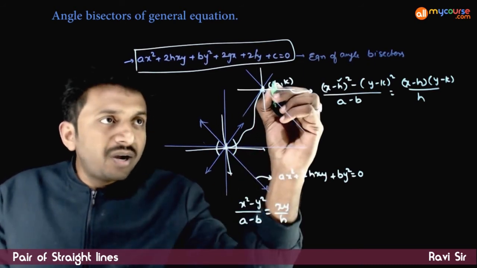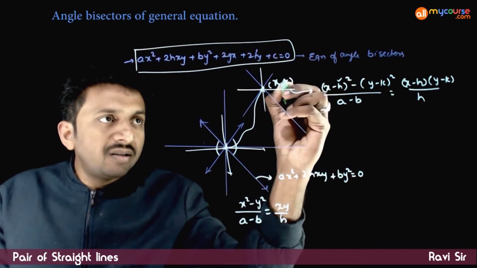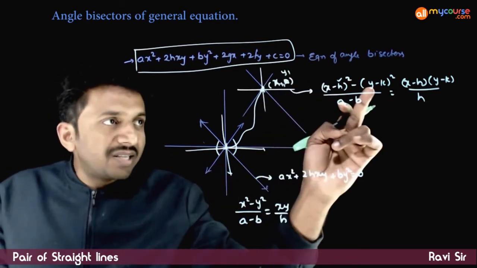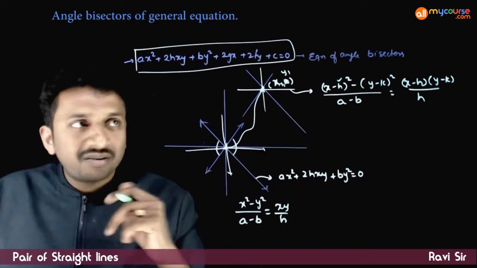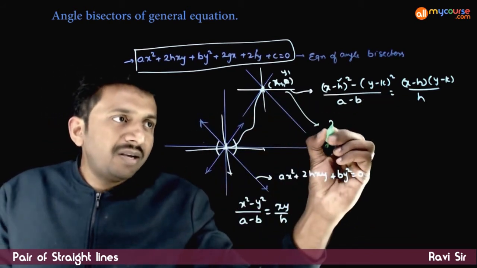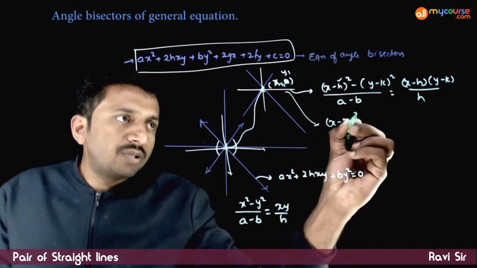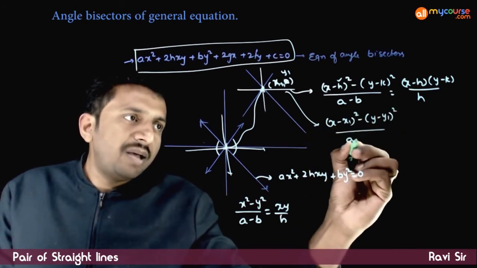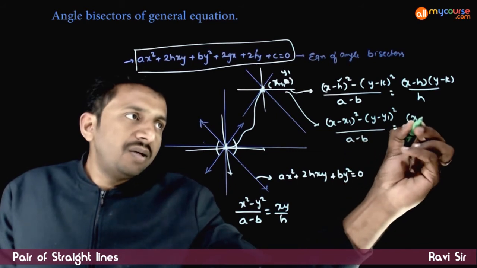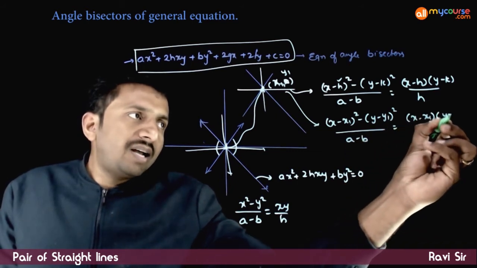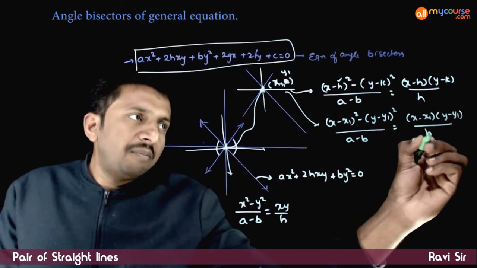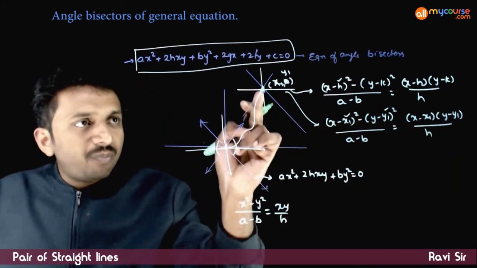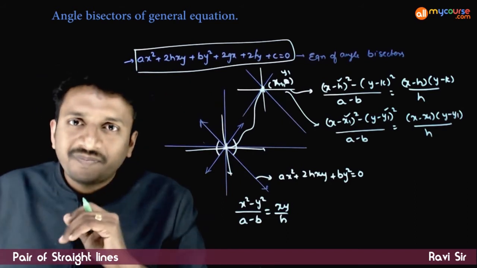So let us take these points as x1, y1, because h is already used in the denominator. So the equation is x minus x1 whole square minus y minus y1 whole square by a minus b is equal to x minus x1 times y minus y1 by h, where x1, y1 is the point of intersection of these lines.